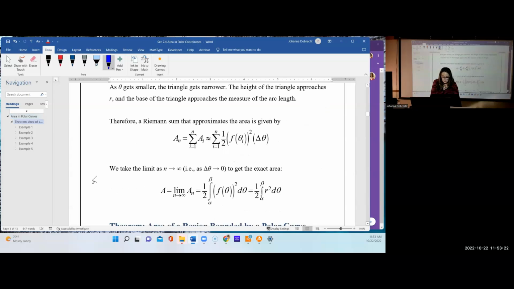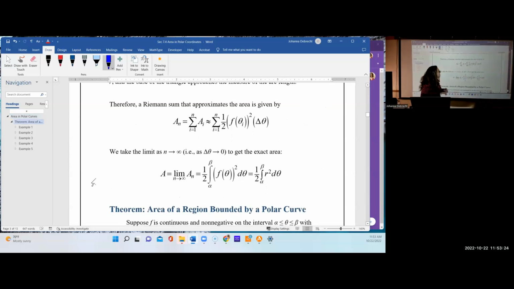That means that we can use a Riemann sum to approximate the area inside of that sector by adding all of the small areas of each individual sector together of 1/2 r squared delta theta. Now we wrote r as f of theta because in the polar coordinate system, r is the dependent variable and it depends upon theta. So r is a function of theta.